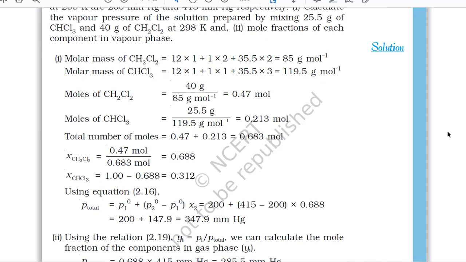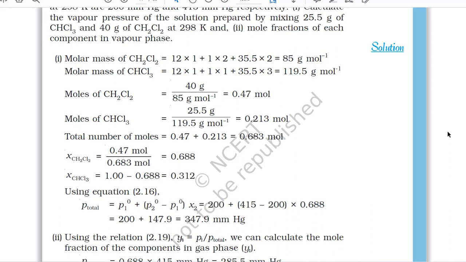First, molar mass of CH2Cl2 equals 85 gram per mole. Molar mass of CHCl3 equals 119.5 gram per mole. Moles of CH2Cl2 equals 40 gram upon 85 gram per mole, which equals 0.47 mole. Moles of CHCl3 equals 25.5 gram upon 119.5 gram per mole, which equals 0.213 mole.